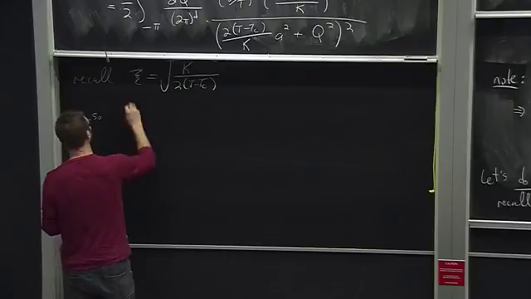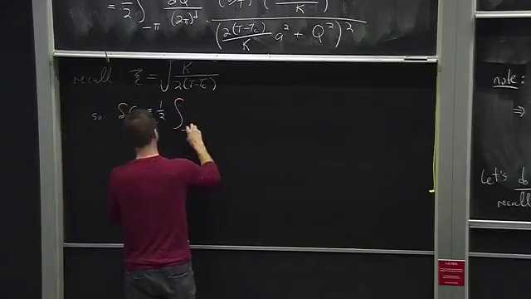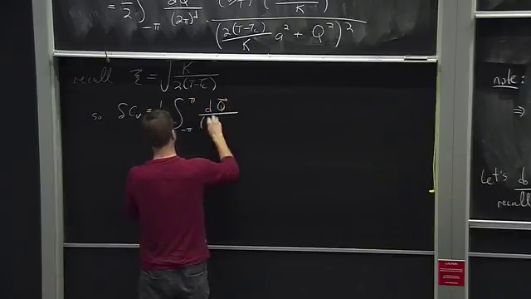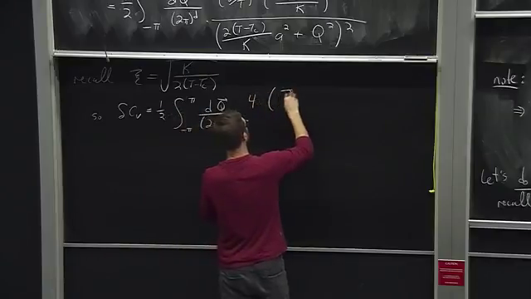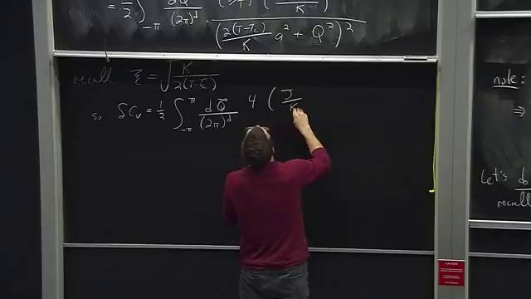So let me call that a kappa. I have T squared to cancel.